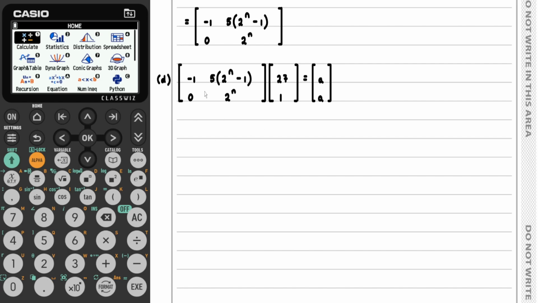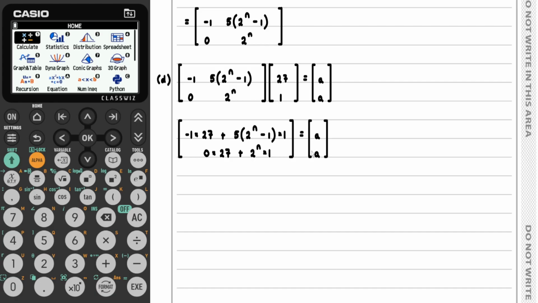Now let's work out what the left hand side is. We've got negative 1 times 27 plus 5 times 2 to the n subtract 1 multiplied by 1. And then we've got 0 times by 27 plus 2 to the n times by 1.